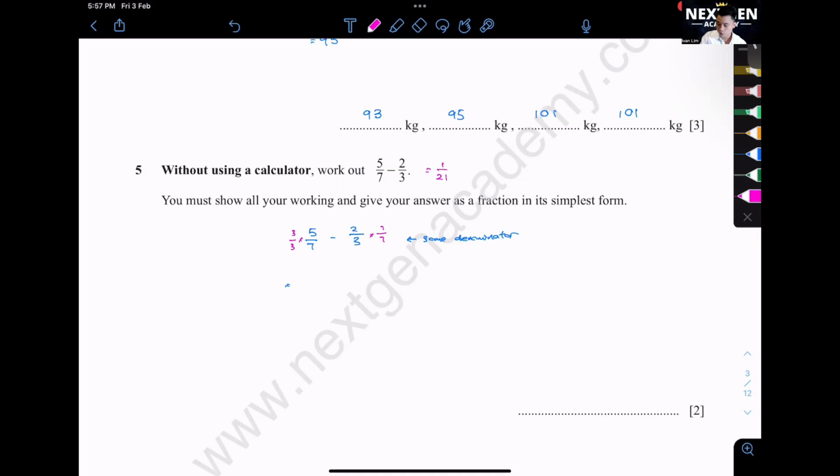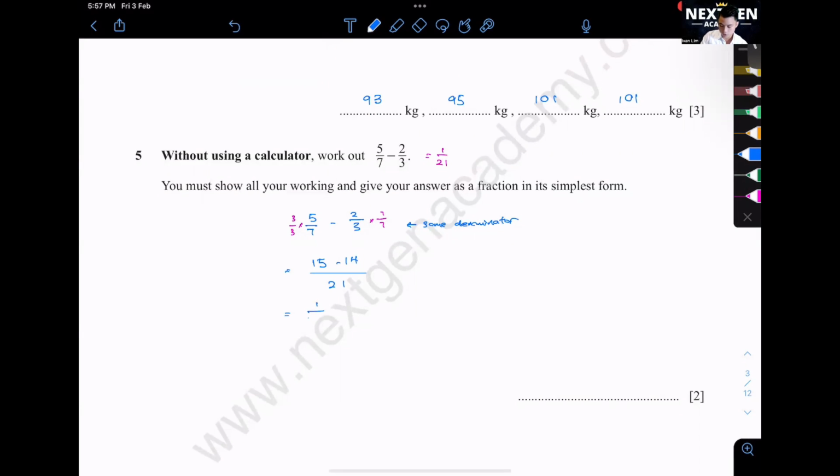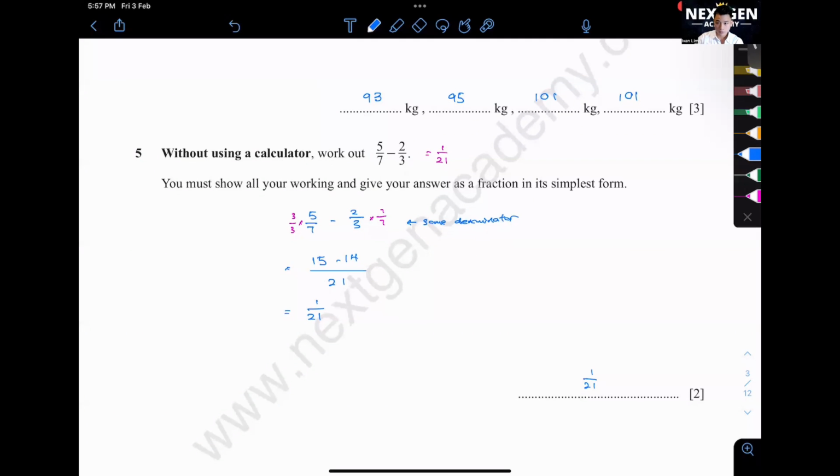You will end up with 15 minus 14, denominator 21. Then 1/21. Easy peasy. All right.